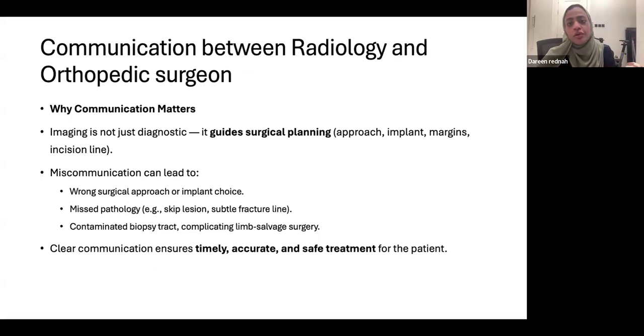Okay, so let's talk about communication between radiology and the orthopedic surgeon. Why does communication matter? Imaging is not just diagnostic. It guides the surgical plan in approach, in implant, in margin, and skip lesions. Miscommunication can lead to a wrong surgical approach, wrong implant choice. How is the implant choice based on the images?